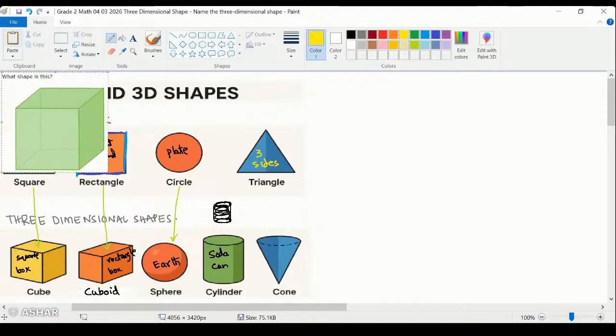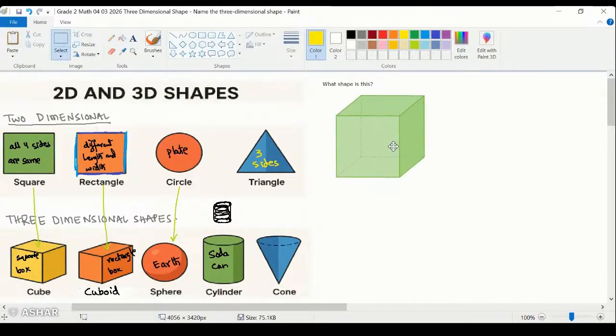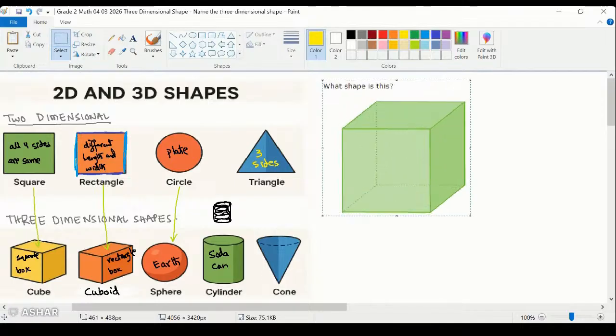The first question says, what is this shape? This is our question number one. So what is this shape? Precious, what is the name of this shape? It's three-dimensional. It is a box, right? Looks like a box.